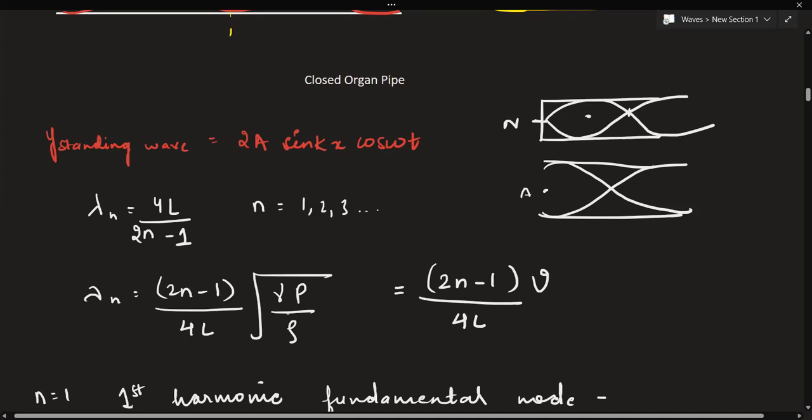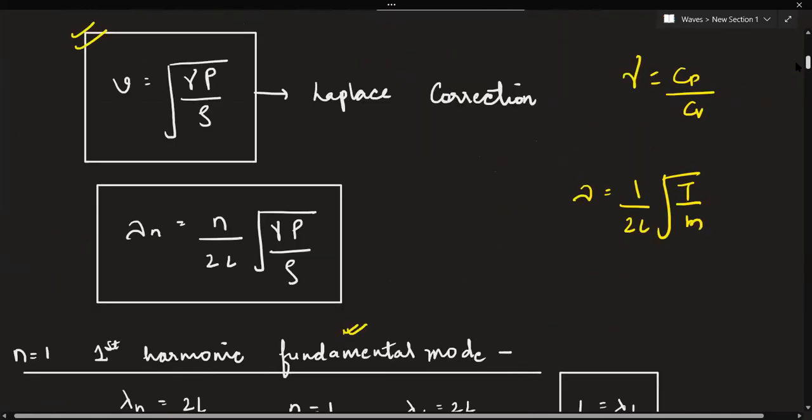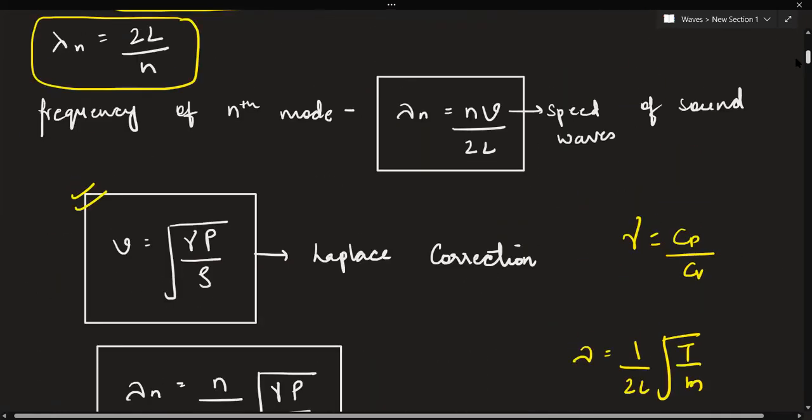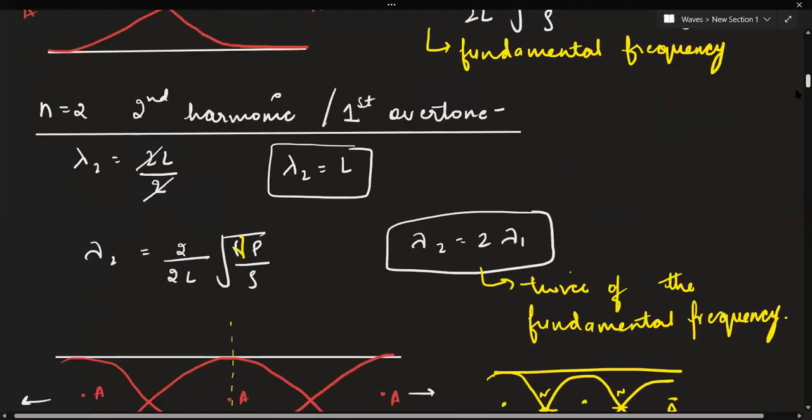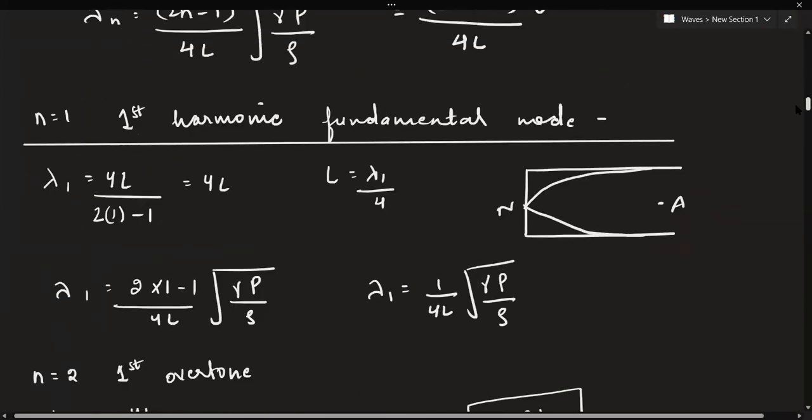That is under root gamma P by rho. So, comparison with the open organ pipe. The open organ pipe's frequency was what? nV divided simply by 2L. Whereas the frequency in case of closed organ pipe becomes 2n minus 1, and 4L is there in the denominator. This is the difference which comes in case of closed organ pipe.